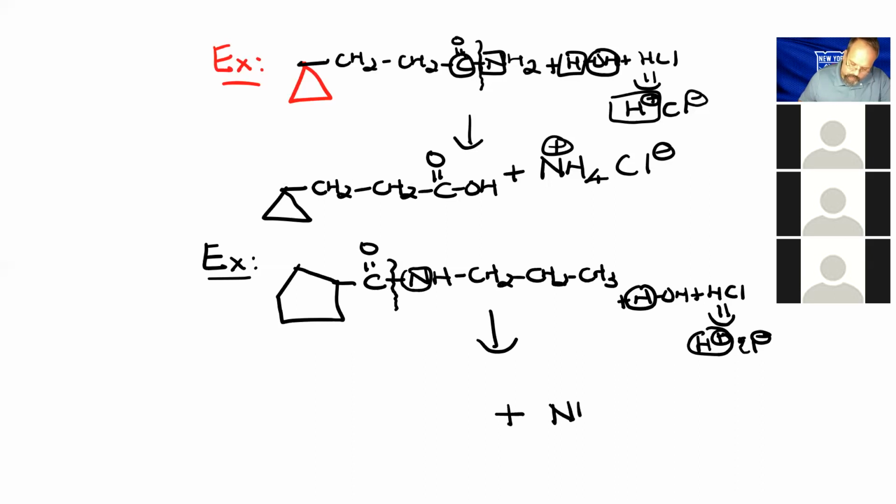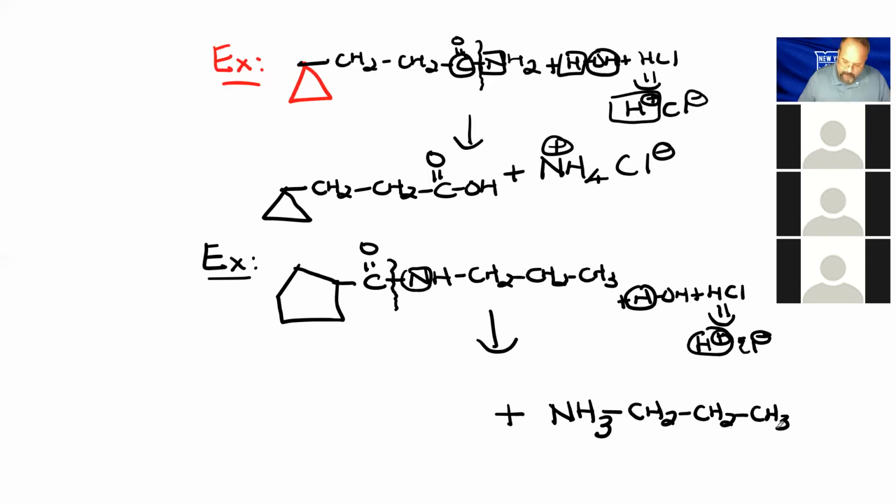It picks up two more, so it ends up having three hydrogens total, which I could write out as NH3. But then also the nitrogen is still connected to CH2, which is connected to CH2, which is connected to CH3.